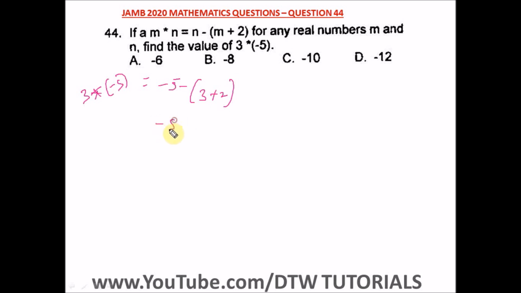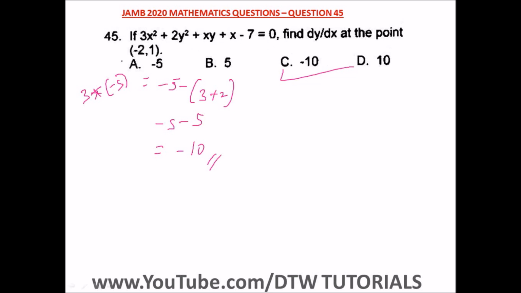We have minus 5 minus 5, which is equal to minus 10. As simple as that, no need to stress. Our answer here is C. So with that, we go to our next question, which is question number 45. Wow.